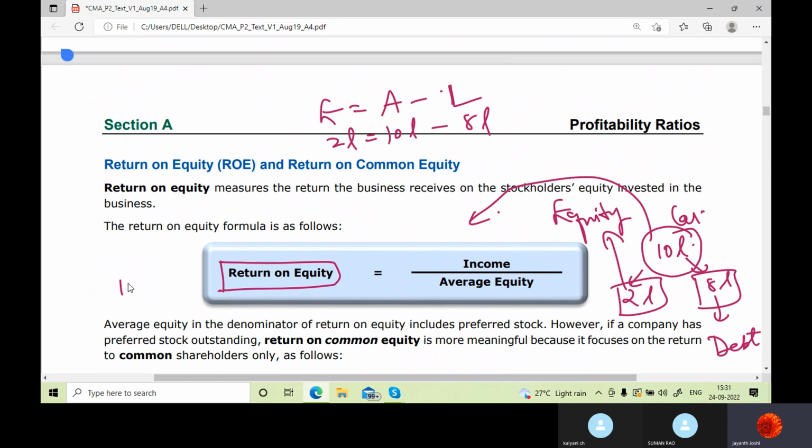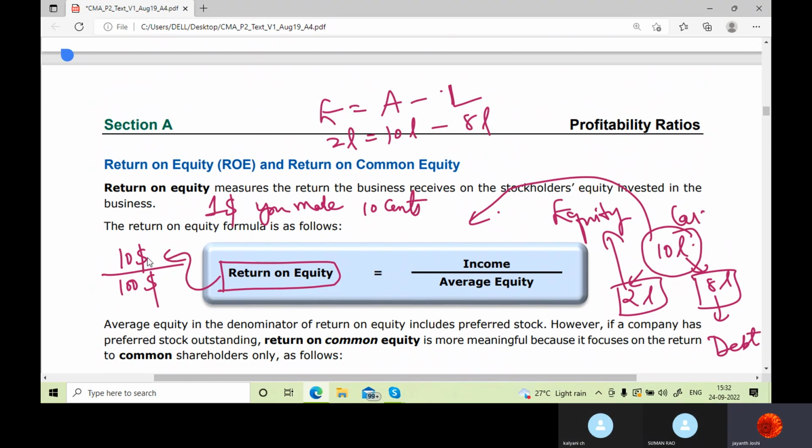you invested $100, you bought a share for $100, and the profit the company has made is $10. So your return on equity is how much? On $1 of investment you made 10 cents, correct or wrong? Yes or no? Yes.